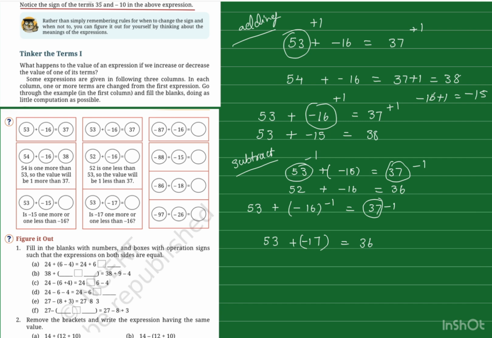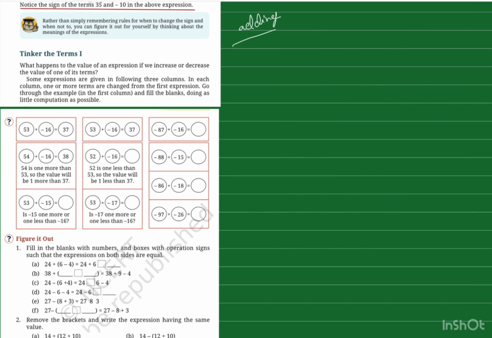So the conclusion is, when we subtract 1 from the first number or the second number, the value of the expression changes.